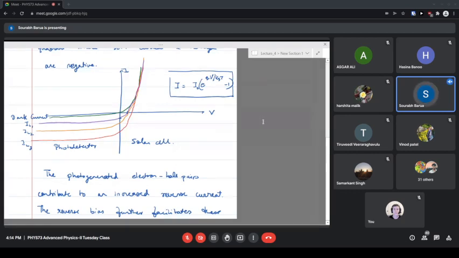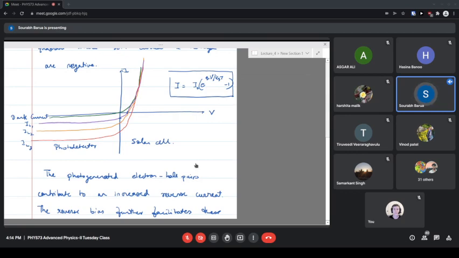Now again, if we increase the light, suppose IL2 is the new level of light intensity, and suppose it is just twice IL1, you can see that the current also almost doubles. Whatever the current value was here, it has roughly doubled when you shine twice the initial light intensity, and so you get this orange curve.